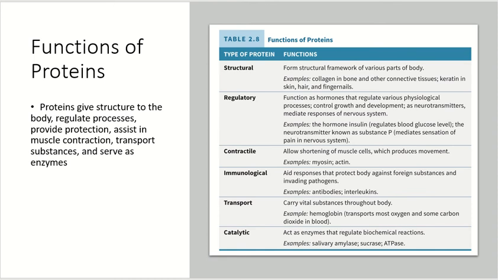These are going to aid in responses that protect the body against foreign substances and pathogens, things like germs, viruses, etc. All of these immunological responses are basically proteins. Additionally, proteins are great at transport, or at least some of them are. They carry really important substances throughout the body.